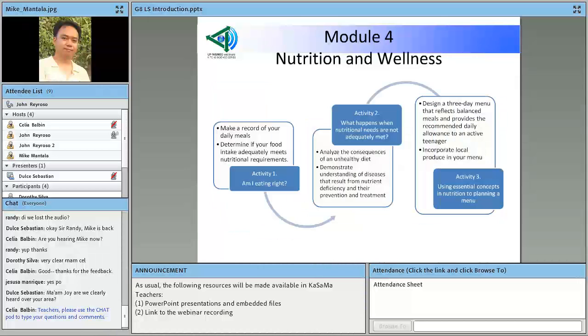And in module 4, nutrition and wellness, so these are the activities. There are in fact only 3 activities. Am I eating right? Activity 2, what happens when nutritional needs are not adequately met? Activity 3, using essential concepts in nutrition to planning a menu.